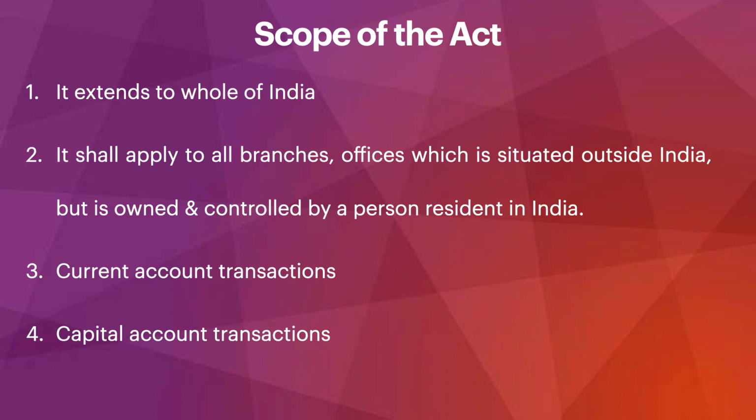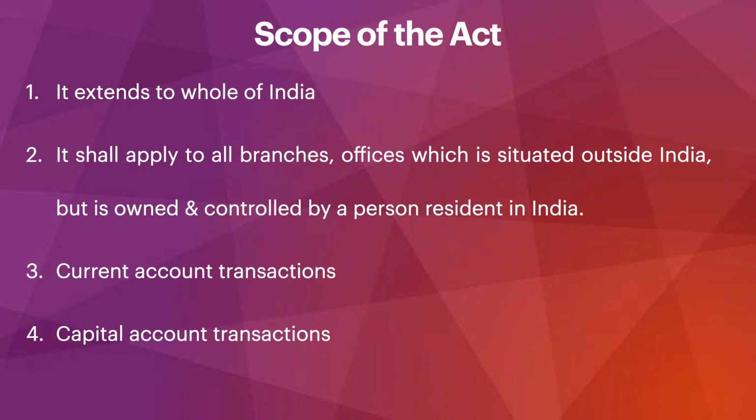Number two, it shall apply to all branches and offices situated outside India but owned and controlled by a person resident in India. As I told, if you are an Indian company and you're opening a branch in Nepal or in China, that will also come within the purview of the FEMA Act.